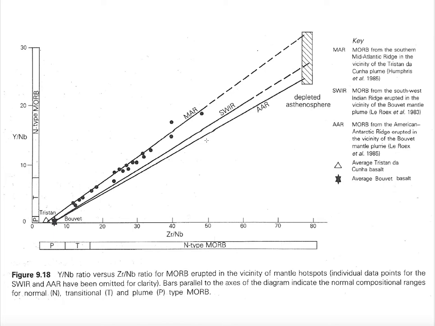Then we have the trend for AAR, that is MORB from the American-Antarctic Ridge. We have the triangle, that is the average Tristan, and the star, that is the average Bouvet basalt, that is this here. And then you can see we have very nice trends.